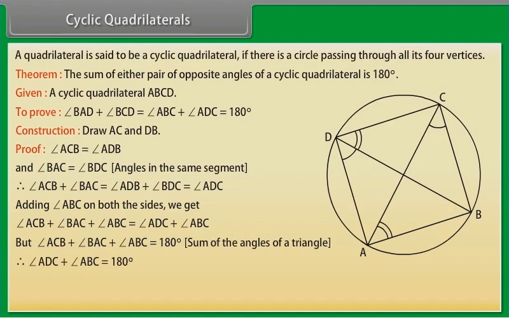Therefore, angle ADC plus angle ABC is equal to 180 degrees. Therefore, angle BAD plus angle BCD is equal to 360 degrees minus angle ADC plus angle ABC, which is equal to 180 degrees. Hence proved.